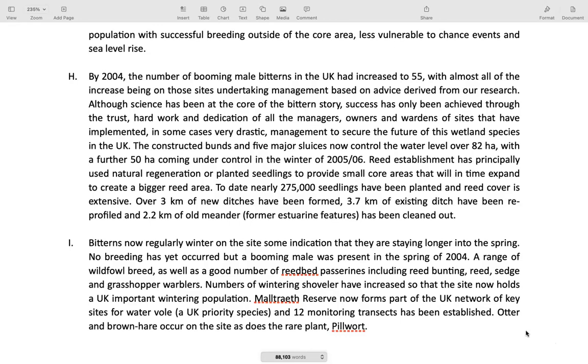Sir, the word is wildfowl breed. In a range of wildfowl breed. Third line. Where does it call it a rare vegetation? It doesn't. So I don't know. Find me rare vegetation first.